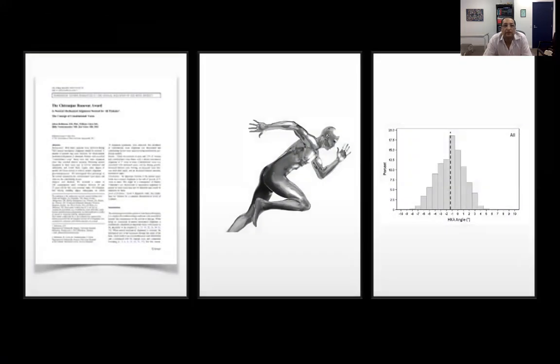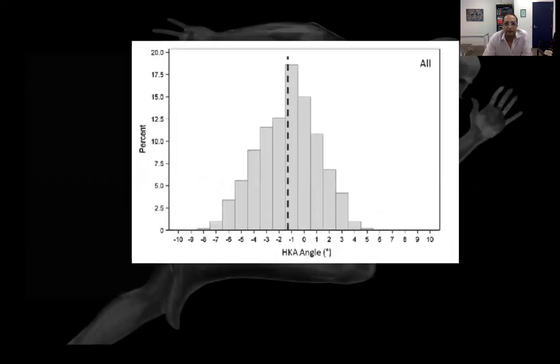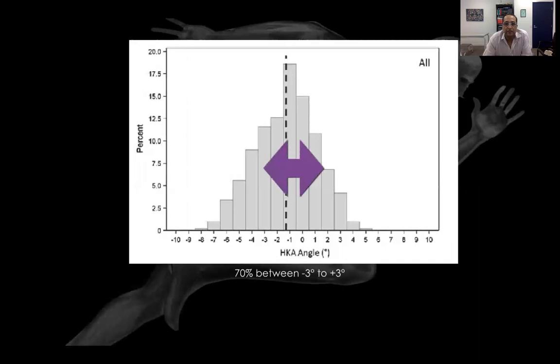If you look at this landmark paper that was published looking at constitutional alignment by Bellemans, you can see there's a graph that looks at these. 70% of patients lie between -3 to +3, which is what we consider a neutral alignment, either side of 0, 0 obviously being a straight knee.